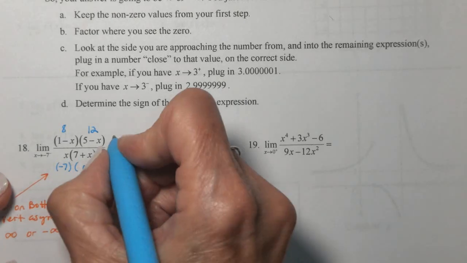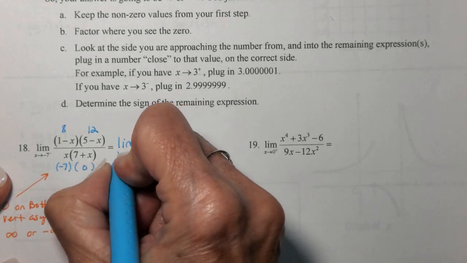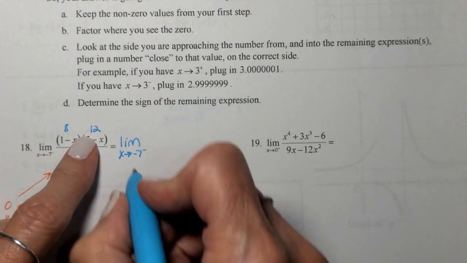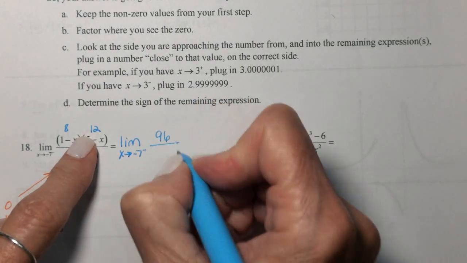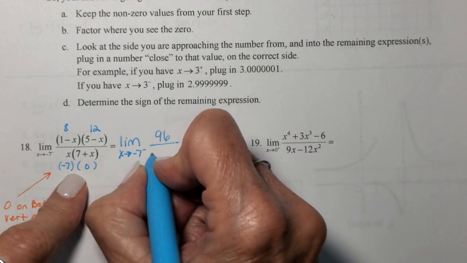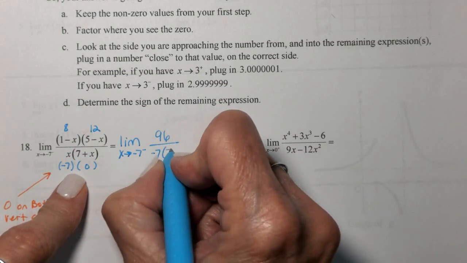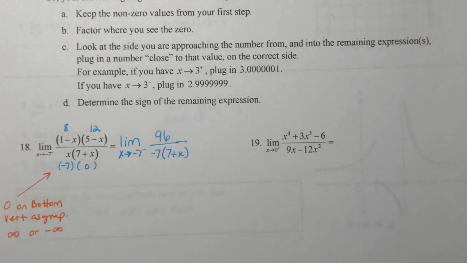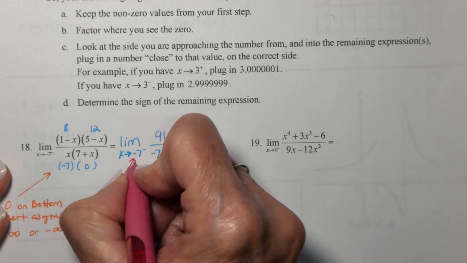So I'm going to rewrite my limit. I'm going to go ahead and write a number for the top. And on the bottom, I have -7 times 7 plus x. I leave the 7 plus x. I leave the factor that gave me the 0. And now I'm going to ask myself what to plug in.